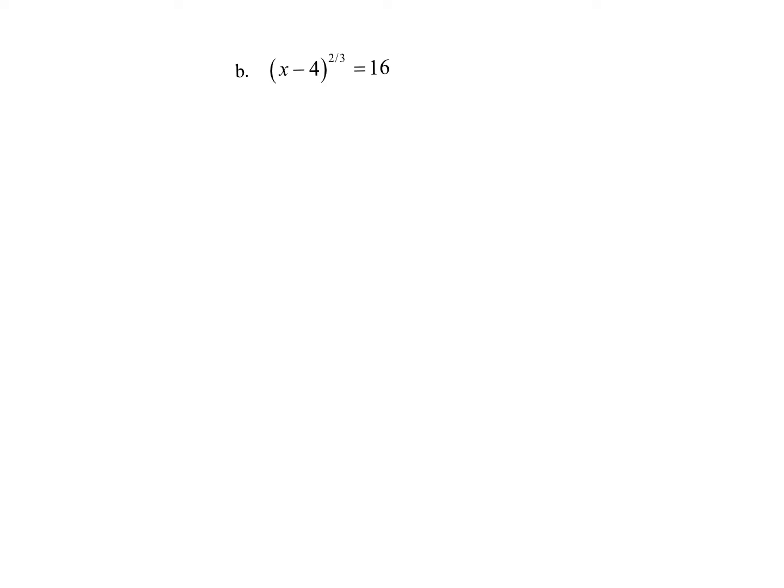Okay, let's have a look at another example that uses a rational exponent. And here we've got x minus 4 to the 2/3 power, and that is equal to 16. So once again, in order to simplify this out and solve this, we're going to use the reciprocal of that exponent. So x minus 4 to the 2/3 equal to 16.